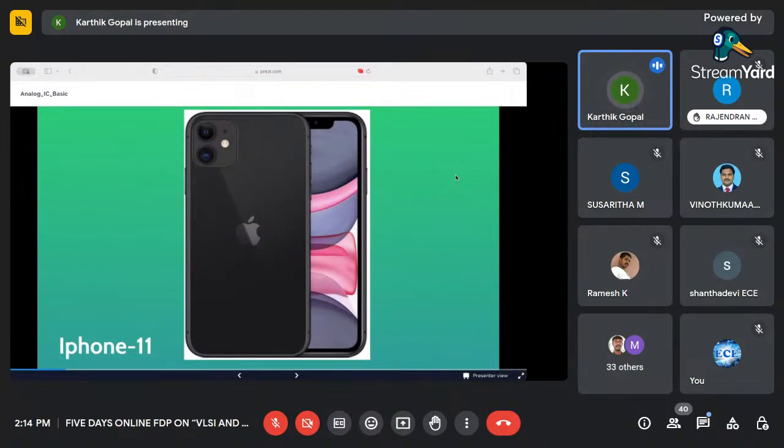Let me take a familiar example. Almost everyone knows this is an iPhone 11. The reason I take the iPhone 11 is that I have worked on this project. I designed a PLL, phase lock loop, for the GNSS application for this iPhone 11. As a remembrance, I just took this picture.